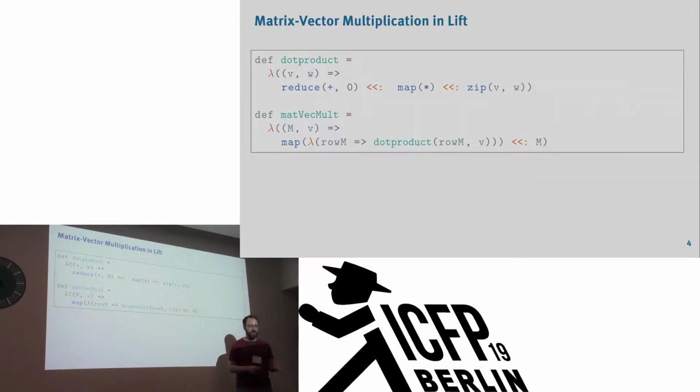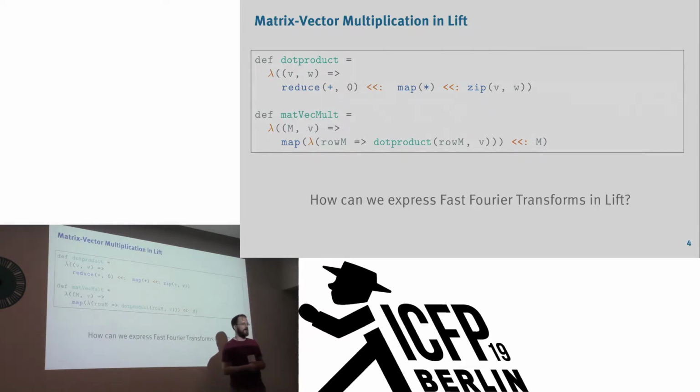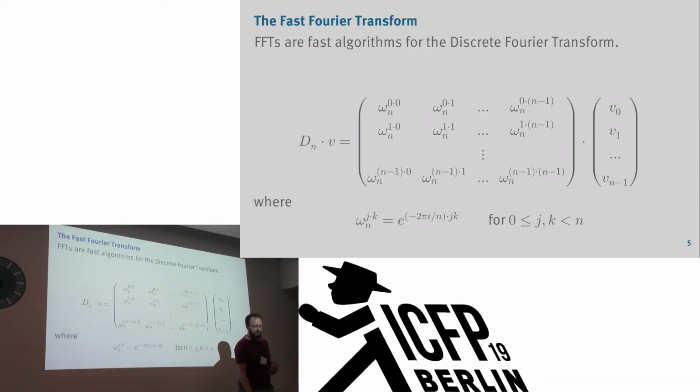Our question now was, how can we express fast Fourier transforms in Lisp this way? In order to derive an encoding of fast Fourier transforms in Lisp, we first had to look at what a fast Fourier transform is. Fast Fourier transforms are fast algorithms for the discrete Fourier transform. The discrete Fourier transform is simply a matrix vector multiplication with a dense matrix.